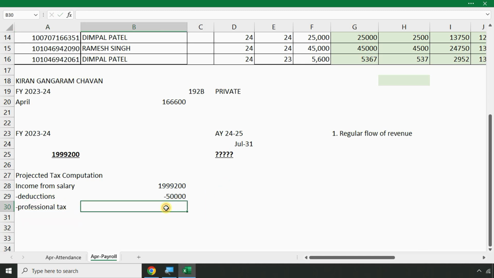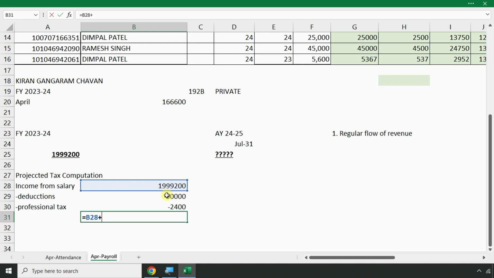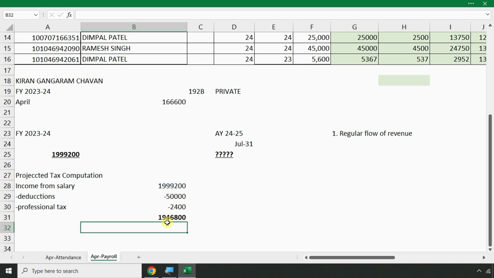Professional tax. Every month his salary is more than 20,000, so every month we deduct professional tax of 200, likewise for 12 months. So minus 2,400. So what is the taxable salary? Wait a minute.